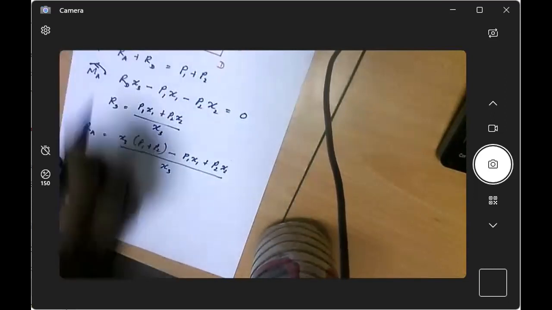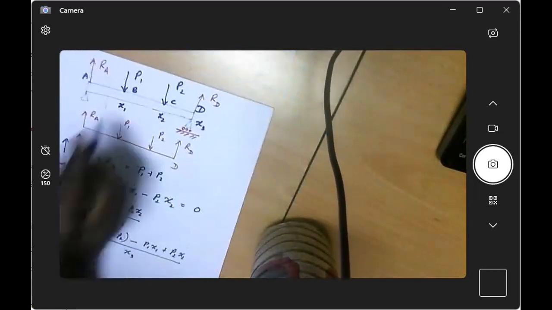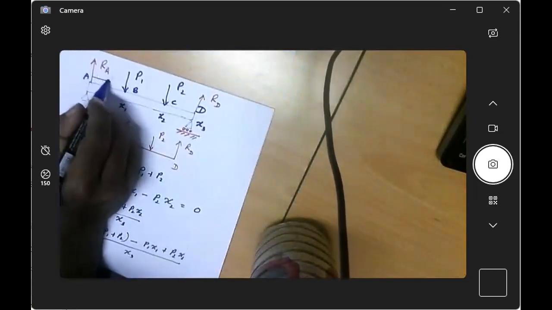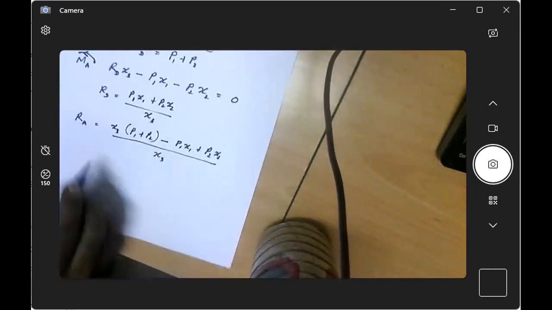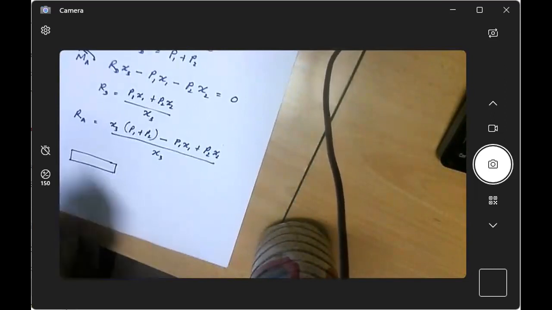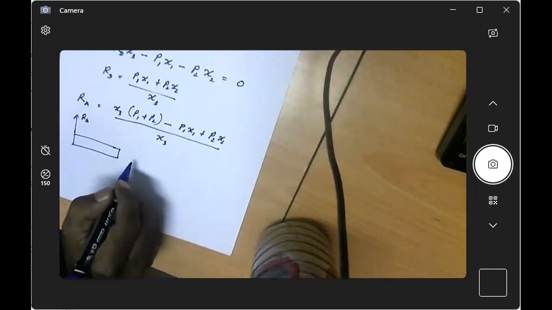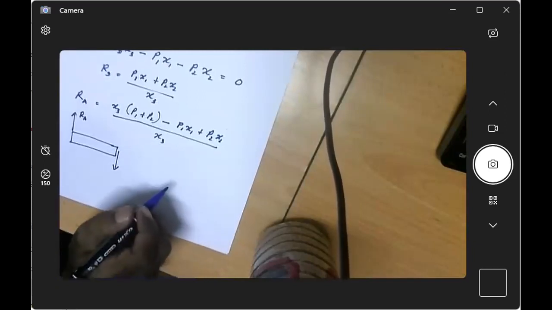Then we are going to make a cut here. Let's suppose the distance from A to this point is X, right? So I'm going to look at that part. Here is the reaction RA, and this is in equilibrium. That means we need another force acting downward.